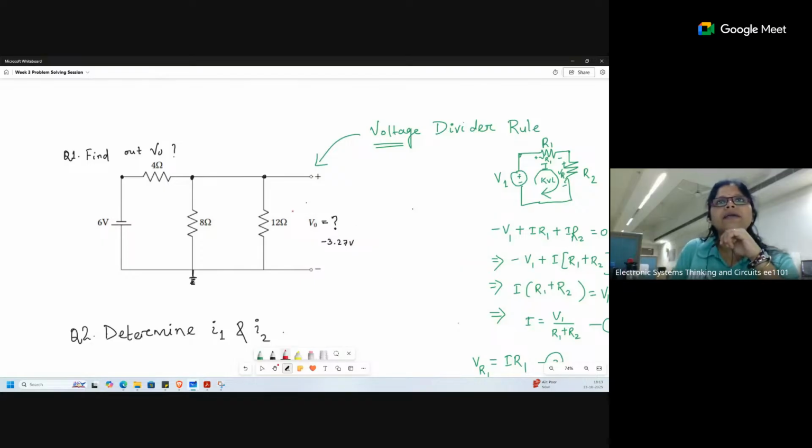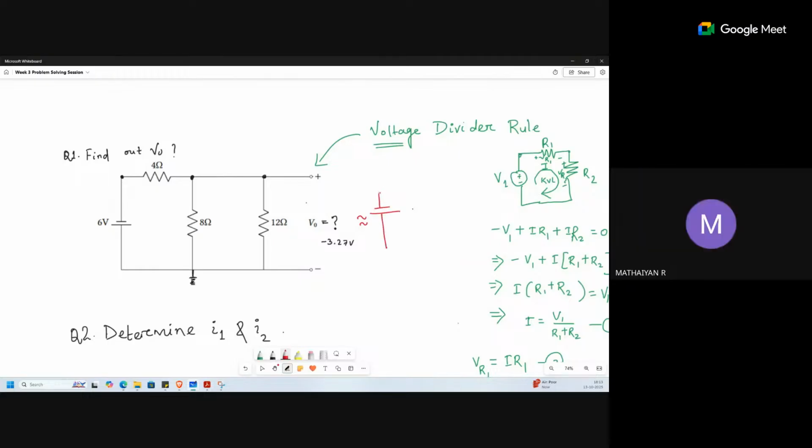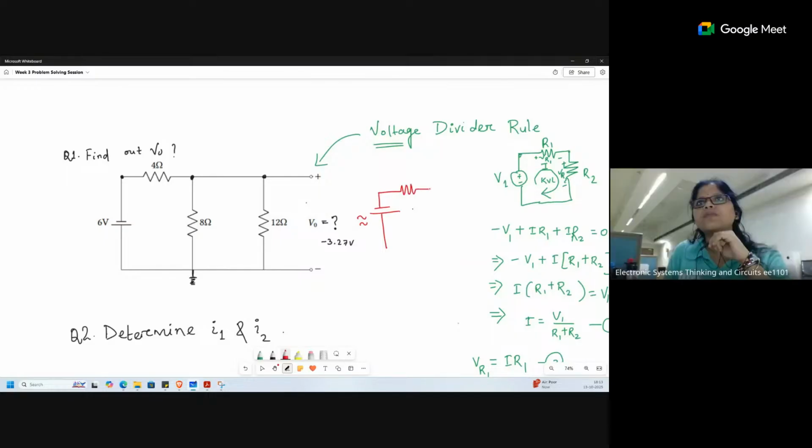So can I reduce this circuit? This circuit is equivalent to, I can write here, 6 volt, this is 4 ohm, and this is 8 ohm parallel to 12 ohm. Am I right? So this circuit is equivalent to this circuit.